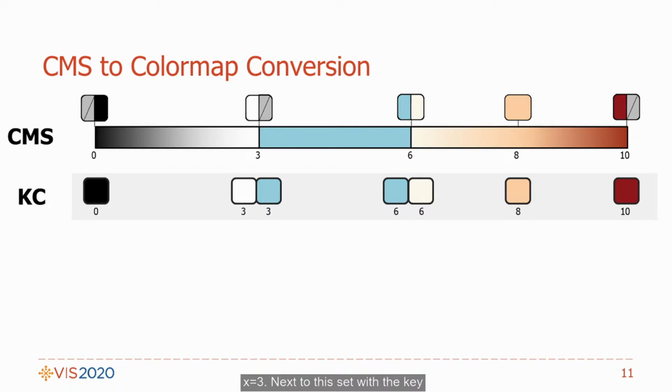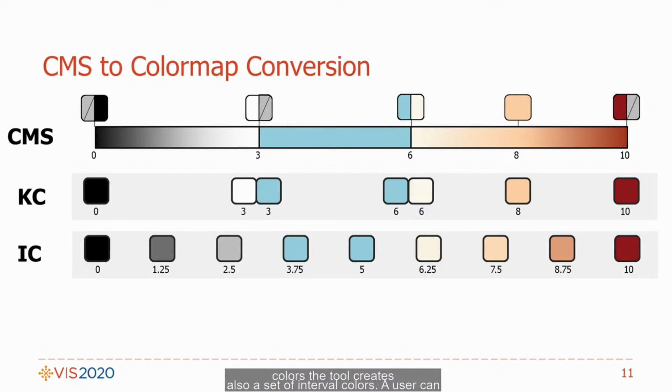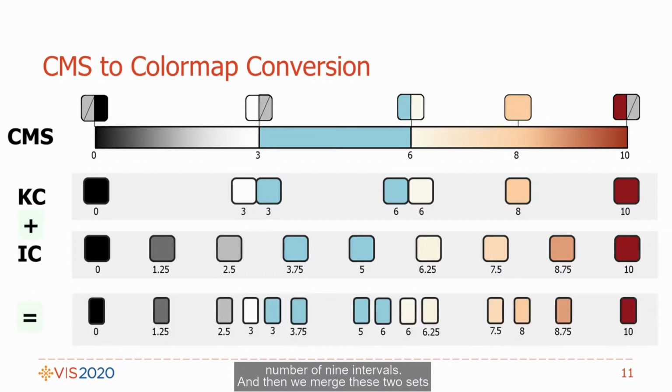Next to this set with the key colors, the tool also creates a set of interval colors. A user can set a number of intervals, and for this example we used a small number of 9 intervals. And then we merge these 2 sets and get a color array with the key information which controls the color map path and a higher number of support colors we use to transfer the color space attributes.